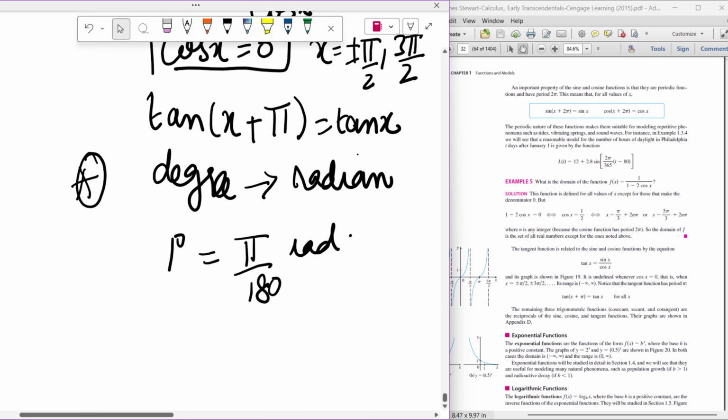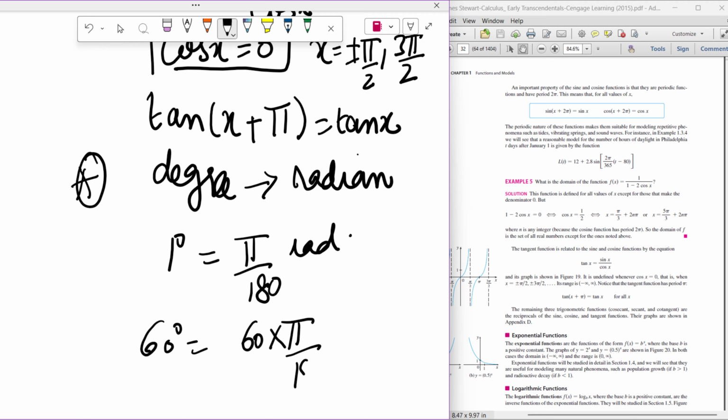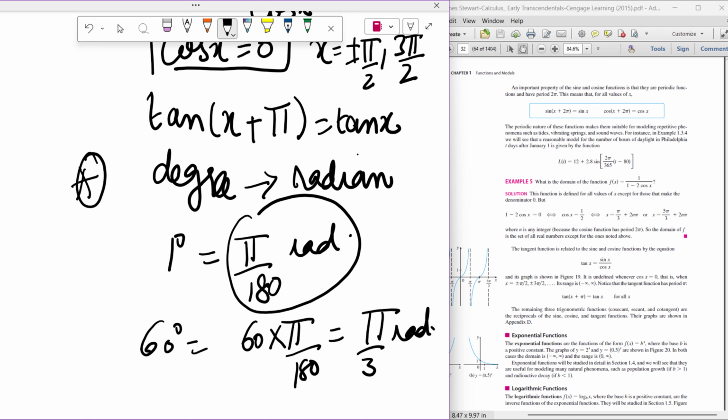Similarly, if I want to convert 60 degrees into radians, just multiply 60 by pi by 180. It will be equal to pi by 3 radians. So to convert anything into radians, multiply by pi by 180.